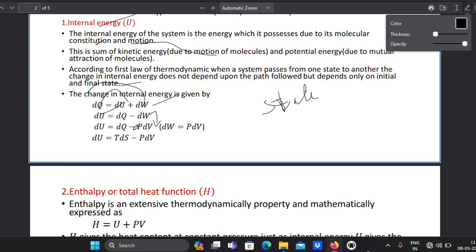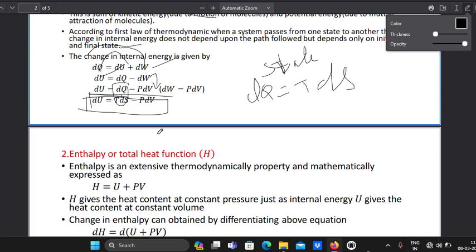From the second law of thermodynamics, dQ = TdS. So dU = TdS minus PdV. This is the change in internal energy, and it is also a relation between the first and second laws of thermodynamics.